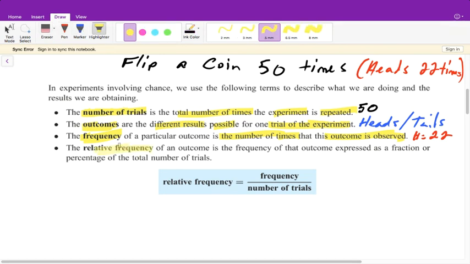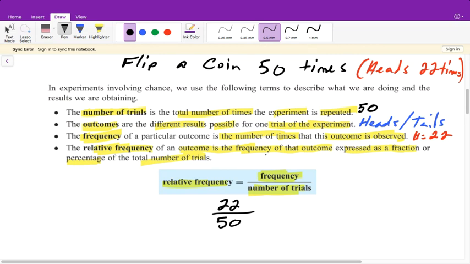The last one, the relative frequency of an outcome, is the frequency of the outcome expressed as a fraction or percentage of the total number of trials. So our relative frequency is how many times our outcome occurred over the total number of trials. For our heads, it would be 22 over 50.